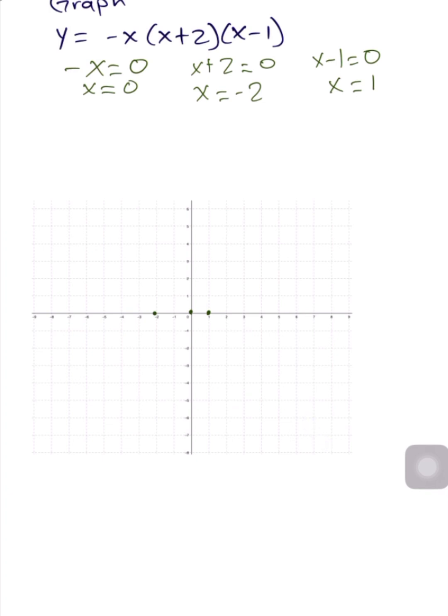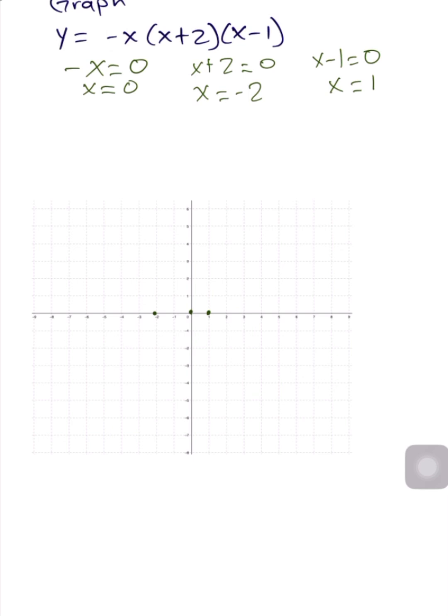Now, if I start in this direction, I know I'm going to have to hit x equals 1. So I look at the x-intercept for that here. And because this has degree 1, that means that you're going to go through that point. And likewise, when you end up at the 0 root, this has degree 1, which means you're going to go through that point.